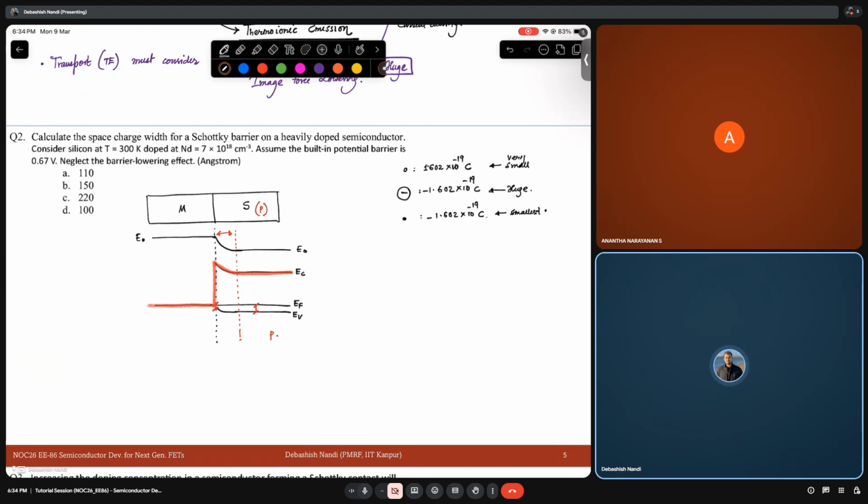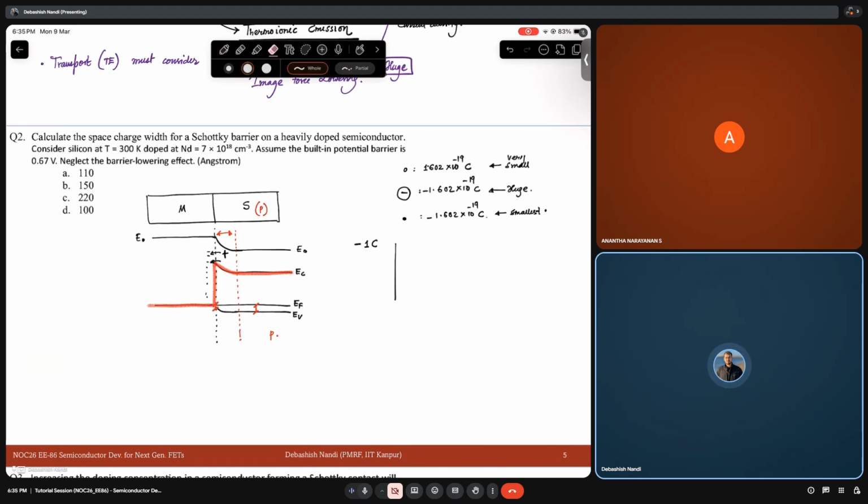So what you need to have is the charge balance, right? If there are some negative charges, the positive charges around them should balance it, the overall charge should be balanced. So now assume that I have, let's say, 1 coulomb of negative charge. It will be better if I explain this with electrons. Let's say minus 1 coulomb of negative charge.